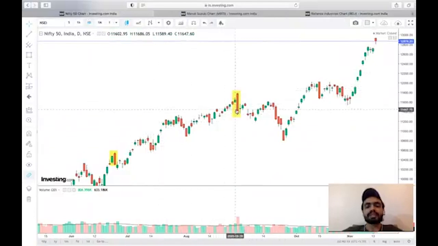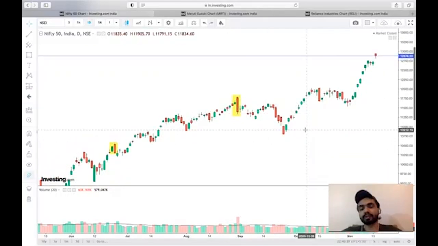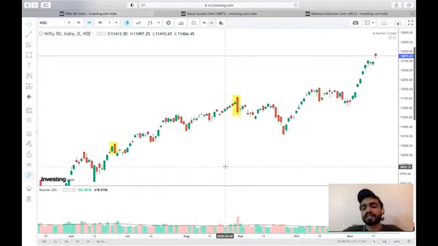So in the first case over here, this is the Nifty day chart, and I have spotted a few examples already. But before we analyze the examples, let me tell you one important point. Investing.com is showing us volumes for Nifty, which is a wrong picture.